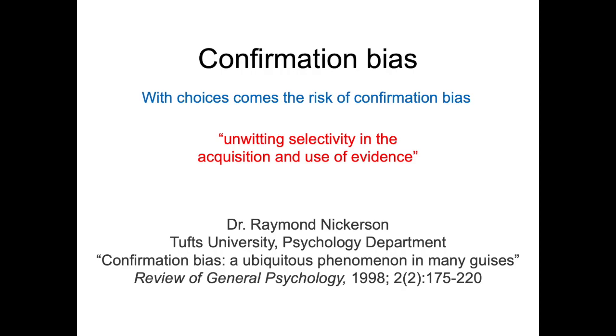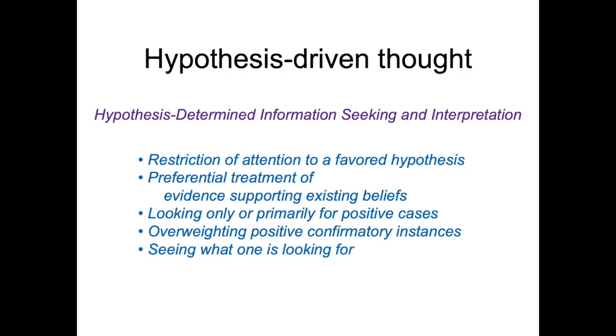Selective in that people choose which data to acquire and which evidence to use in their analysis. In his article on confirmation bias, Nickerson talks about hypothesis-driven thought, the hazards of having a hypothesis determine what information you're seeking and how to interpret it.